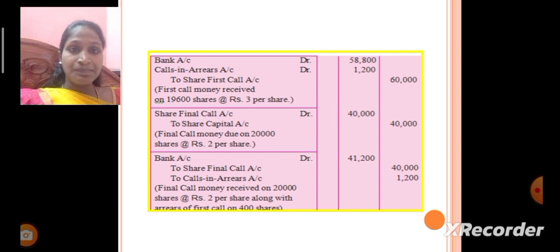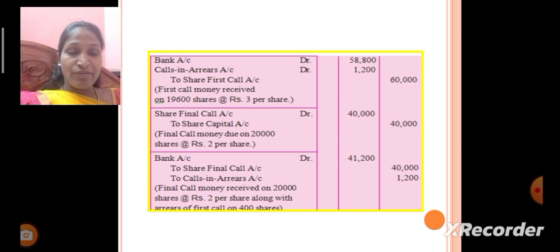Next, for first call, share first call account debit to share capital account 40,000. The next entry is bank account debit, calls in arrear account debit to share first call account. The next entry is bank account debit to share final call and calls in arrear.